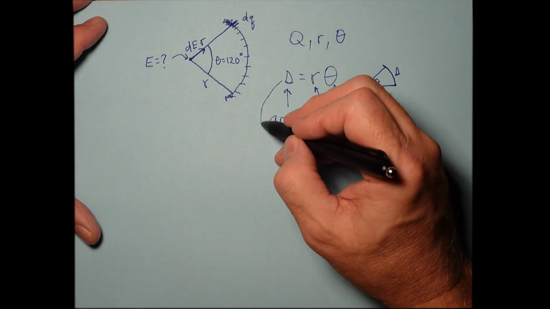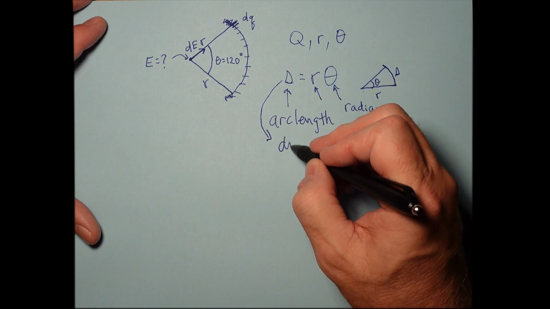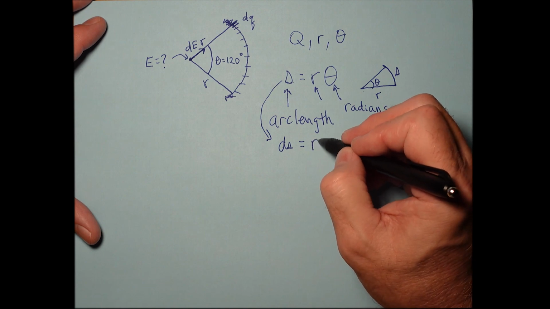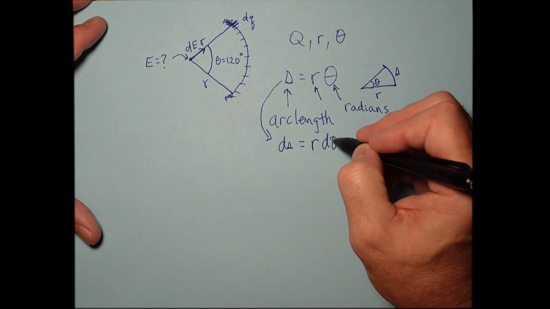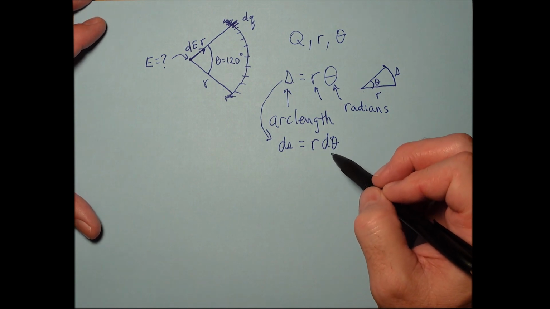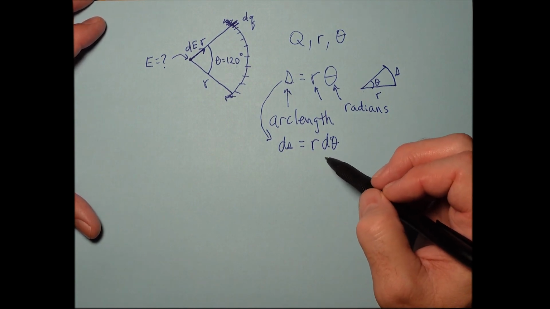Then I can take the differential of this, and that's just ds equals r, which is going to be a constant in our case, times d theta. Okay, that is going to be helpful to us a little later on.